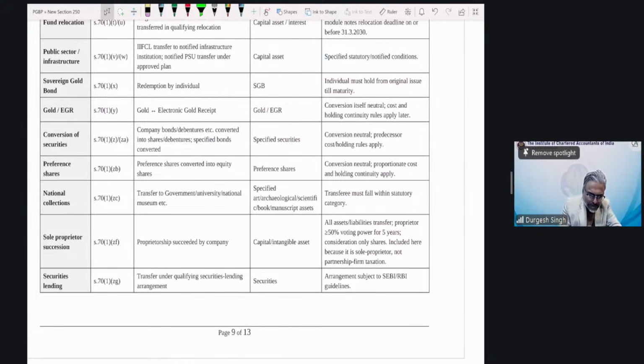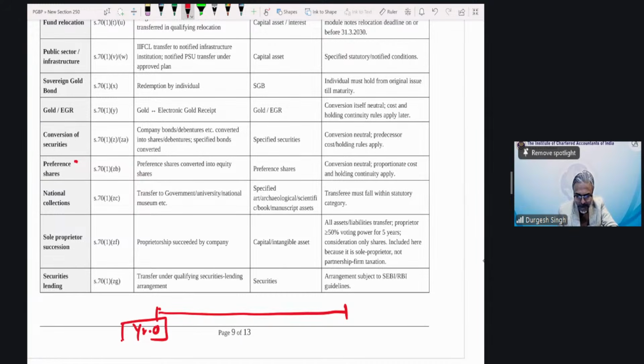Students, preference shares. Can you see that? Take this example, where you were the shareholder. Year zero, you acquired preference shares.